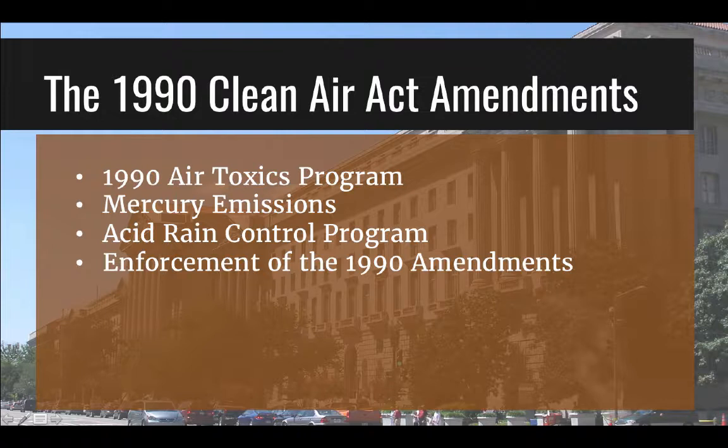Enforcement of the 1990 amendments. State implementation and enforcement determined the success of the Clean Air Act and its amendments. State implementation plans were established slowly, but enforcement has improved because criminal violations have been upped to the felony category.